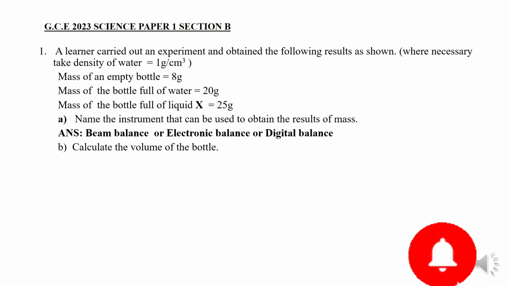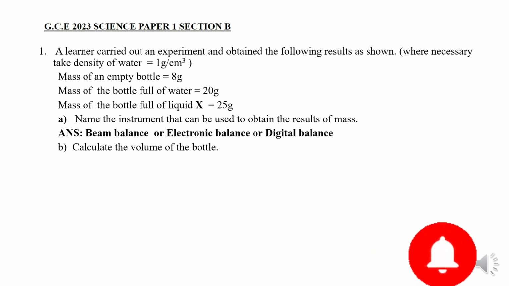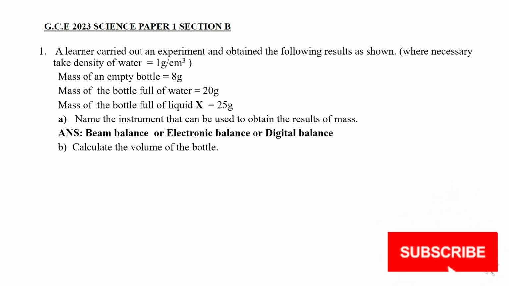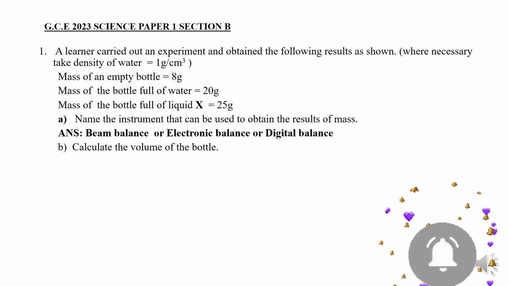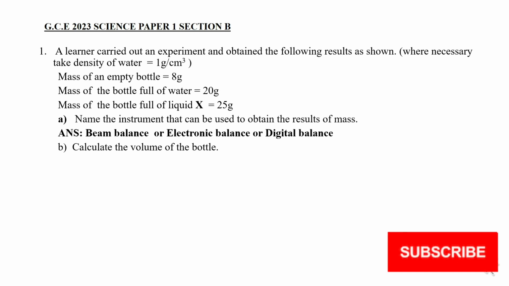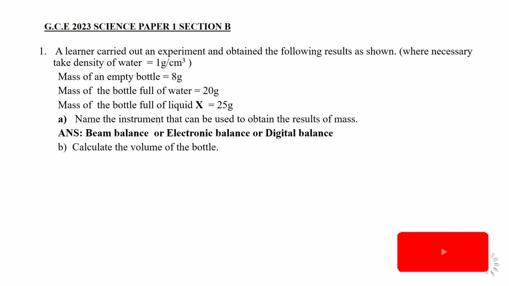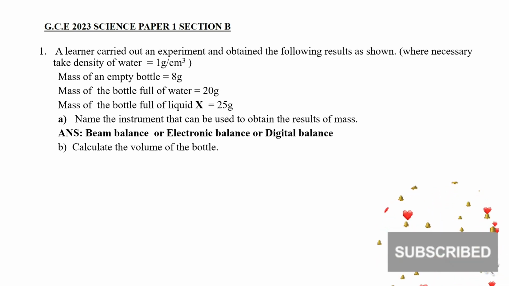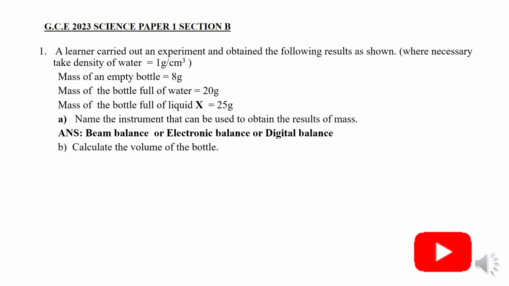So we go to B. B is saying calculate the volume of the bottle. For you to calculate the volume of the bottle, you have to know the mass and the density. From the question here we have been given the mass of the bottle full of water, and we've also been given the mass of an empty bottle.